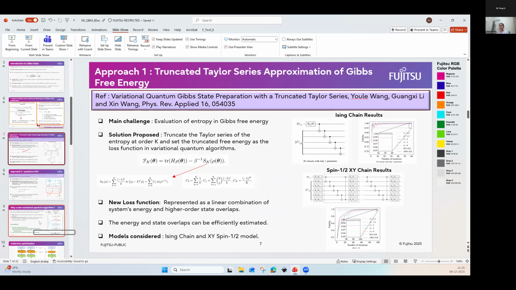But when we go beyond the system sizes that are simulable on a classical system, our results remain invariant whether we evaluated exactly for smaller system sizes or use approximation techniques such as the truncated Taylor series or the second version.